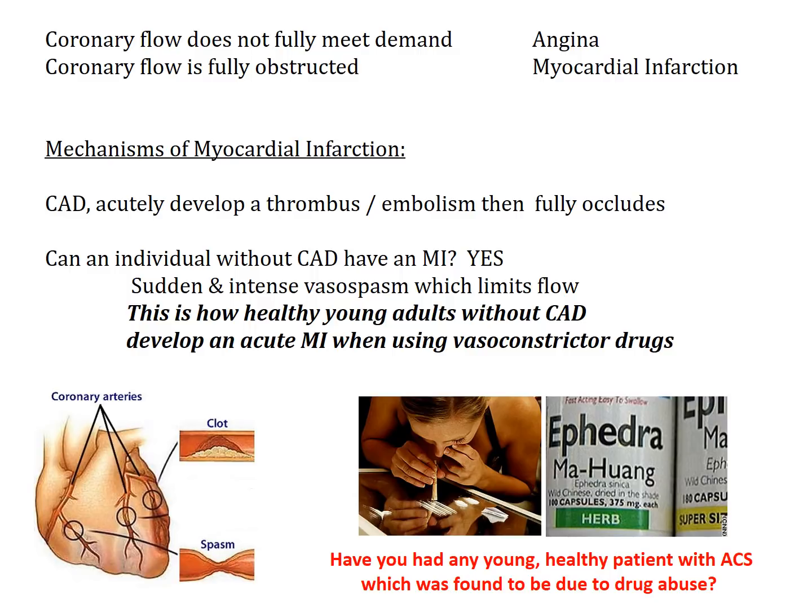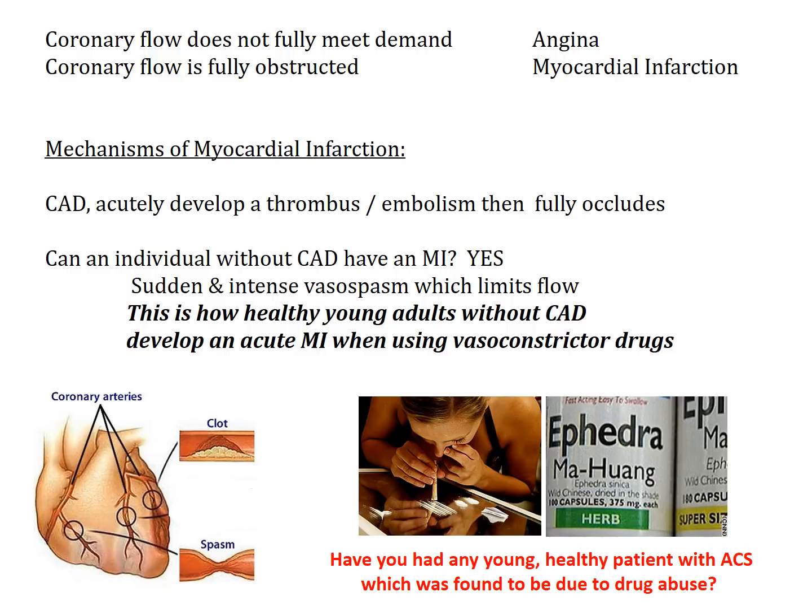And what happened in the 90s, after this drug was protected by the Dietary Supplement Act of 1992, is that it was readily out there and available. And young adults started dropping dead due to their use of Ma Huang. They were developing both MIs and strokes due to the intense vasoconstrictive action of that drug.